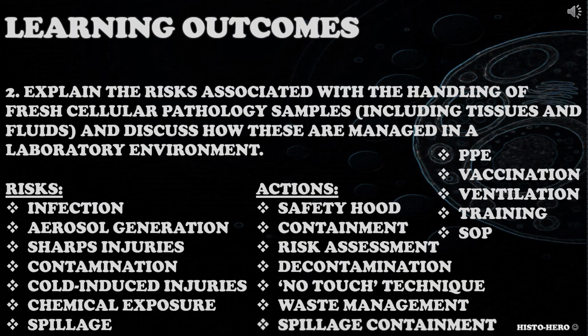Consider details and risks like infection, use of sharps on unfixed samples, physical hazards like sharps injury or cold-induced injuries during cryopreservation, aerosol generation, chemical exposure during tissue fixation or preparation, area contamination where the sample is being processed, spillage risks when working with fluids and so on. Also consider risk-reducing actions like containment, vaccination, use of PPE, risk assessment, SOPs, training, ventilation, waste management, and so on. How would you personally deal with unfixed sample?